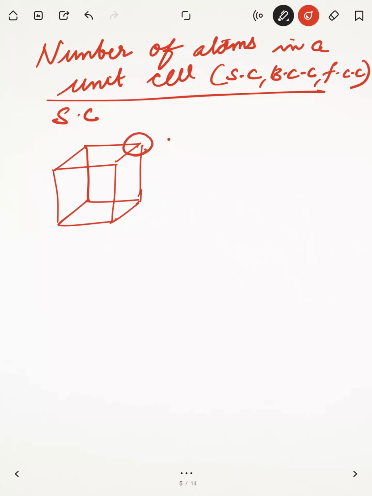So here one atom, here one atom, 8 corners, 8 atoms. Look at this atom, what I am shading. Only a part of this atom is in this particular cube. How much is in this cube and how much is outside?